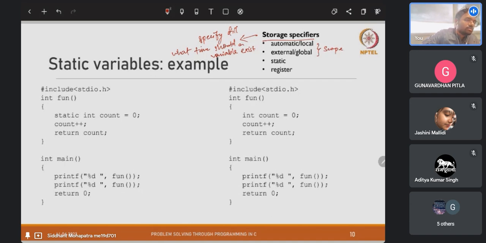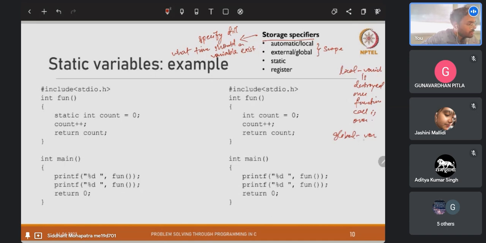Let me write these things down. So local basically means the variable is destroyed once the function call is over. Global means a variable is destroyed at the end of the code.